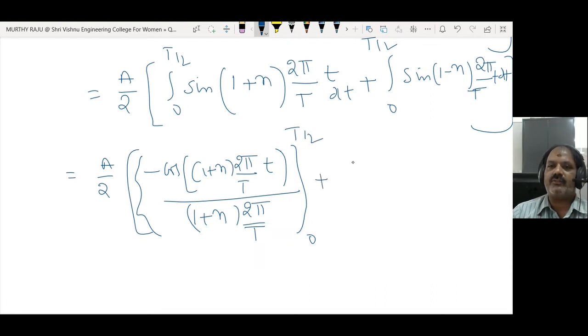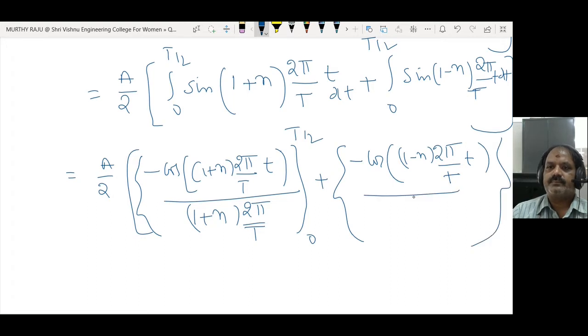In a similar fashion, this one is minus cos (1 minus n) 2 pi by T into t, divided by (1 minus n) 2 pi by T, with limits 0 to T by 2.